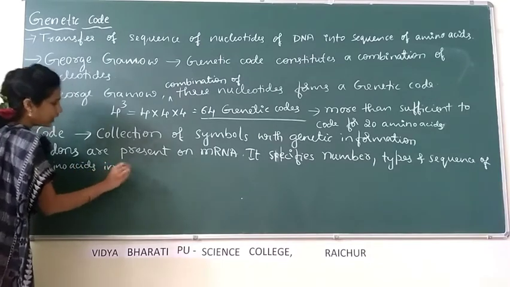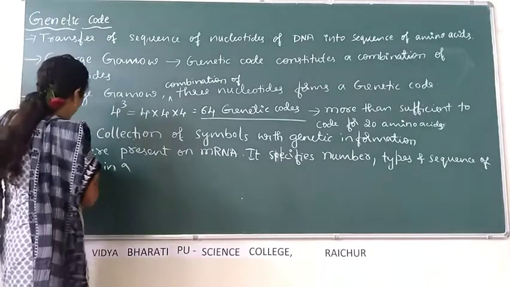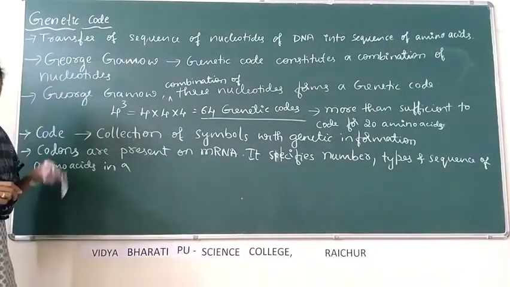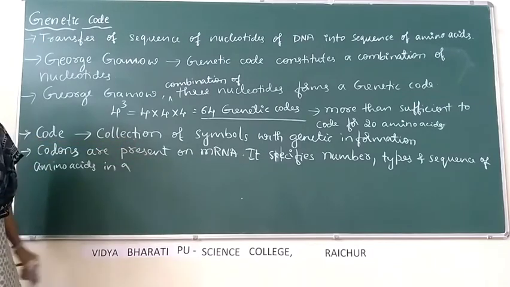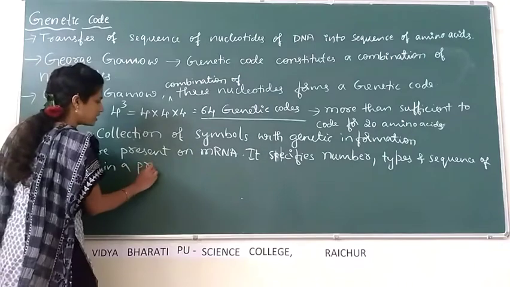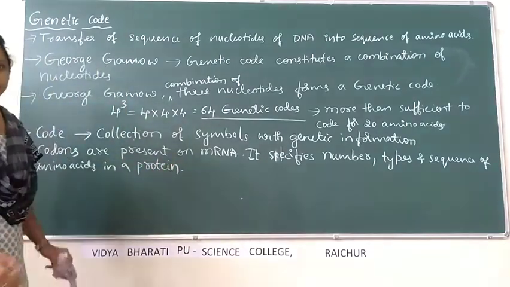It means the codons of the mRNA decide which amino acid should be the first one, or second one, third one. Like that, it specifies the number, types and sequence of amino acids in a protein or polypeptide.